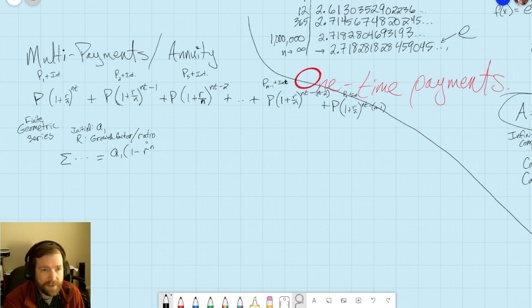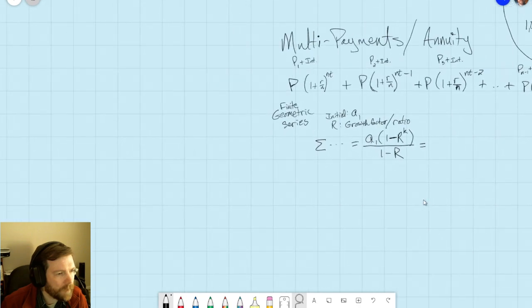In this case, it's not actually n, and not little case r. Over 1 minus r.